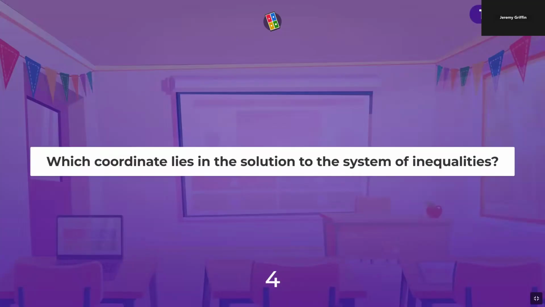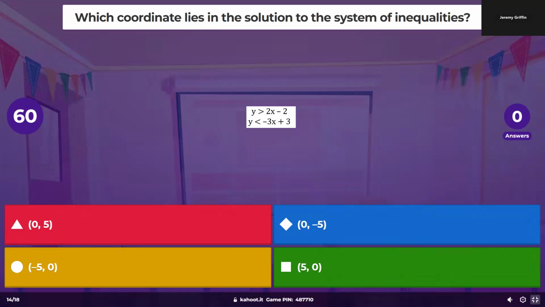Which coordinate lies in the solution to the system of inequalities? Ooh, remember system of inequalities? How do I do this, guys? Hey guys, we're all doing Kahoot right now.